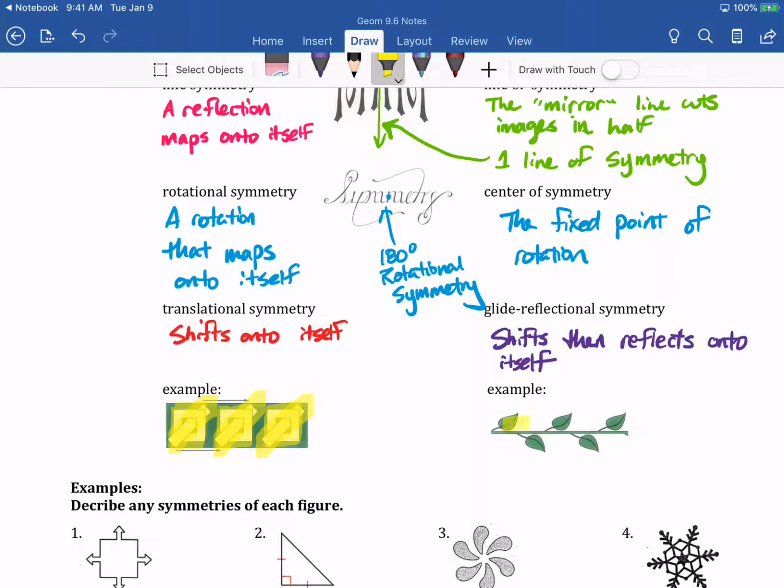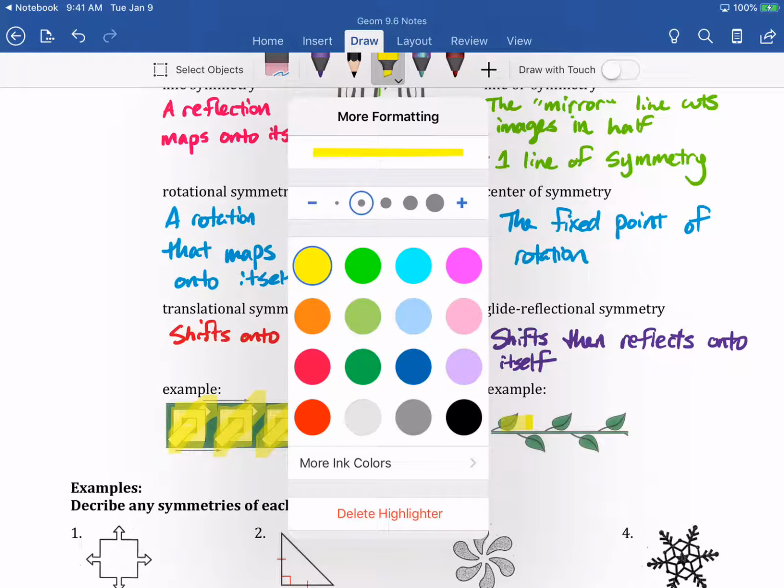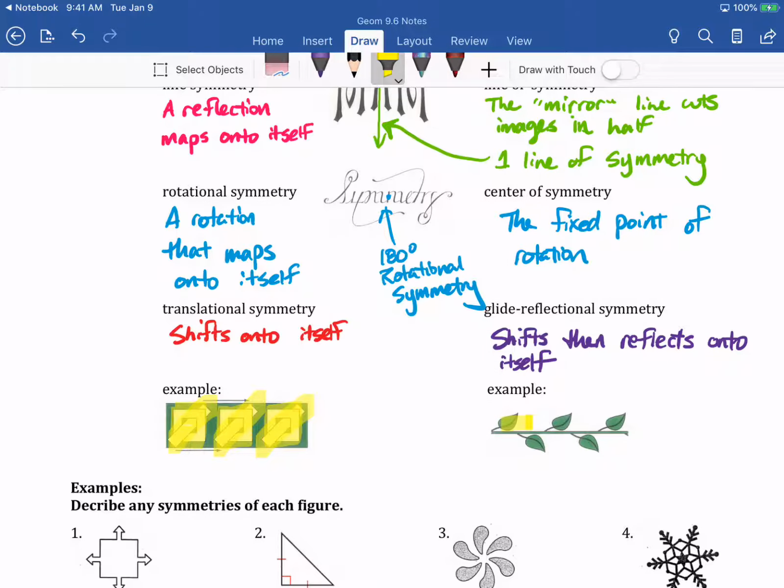So this leaf shifts to the right, and then it reflects upside down. And then this leaf shifts to the right and reflects upside down. This leaf shifts and reflects, and then it shifts and reflects. So that would be a glide reflection.